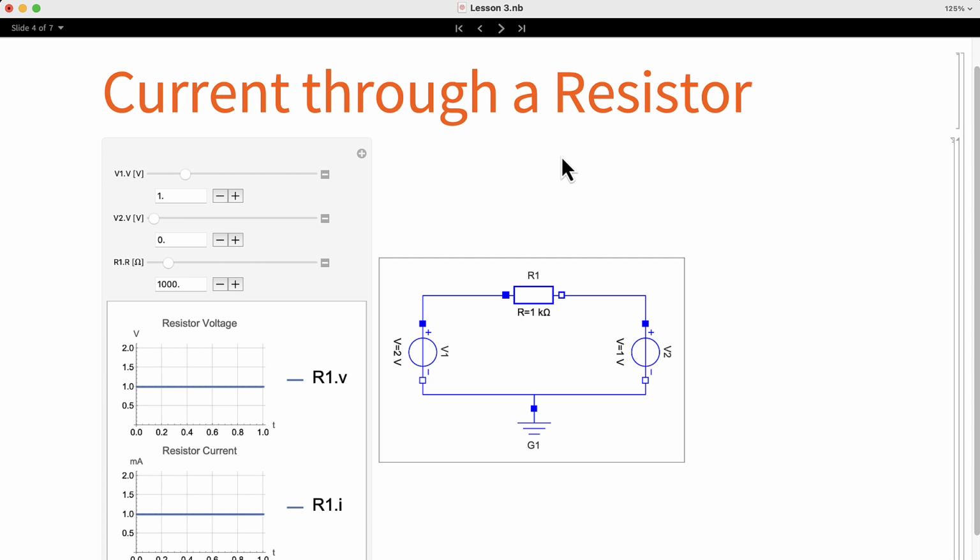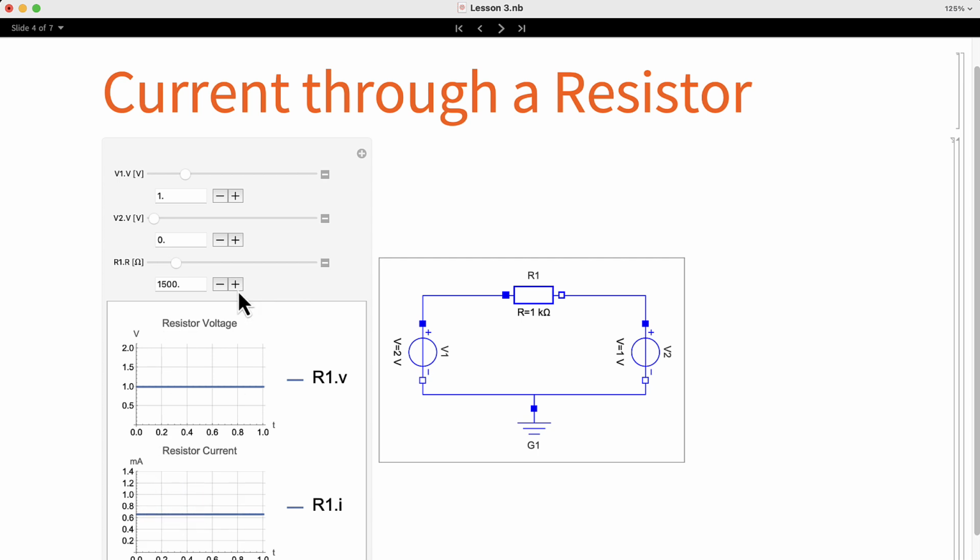Now that we know the equation for Ohm's law, we can better understand the numeric values that we're seeing in the simulation. In this case, we have a voltage of 1 volt, and the second source is set to 0 volts. Then the difference is 1 volt. And in order to obtain the current value, we need to divide 1 volt over 1000 ohms, which is the resistor value, and that gives us the 1 milliamp.